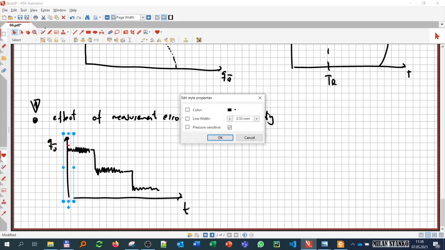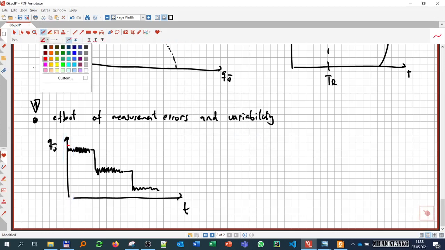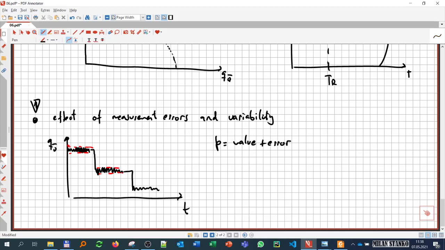But you have a band around the number. Also, something that might happen is that the pressure gauge has some associated error, so the pressure will be a value plus an error. Instrumentation currently is becoming very accurate, but over time it can have other types of error.